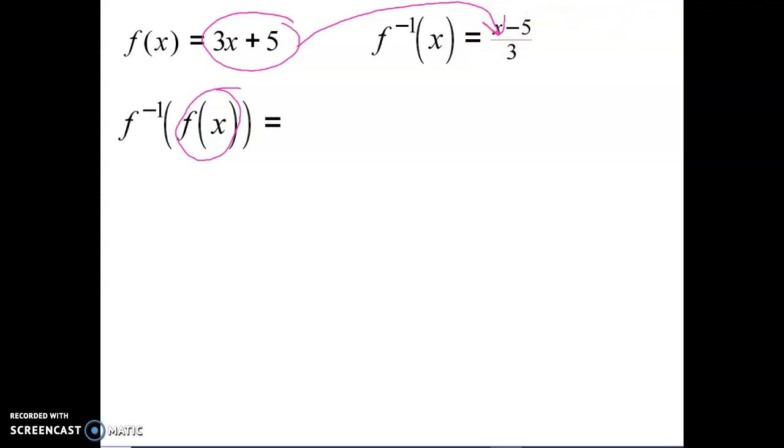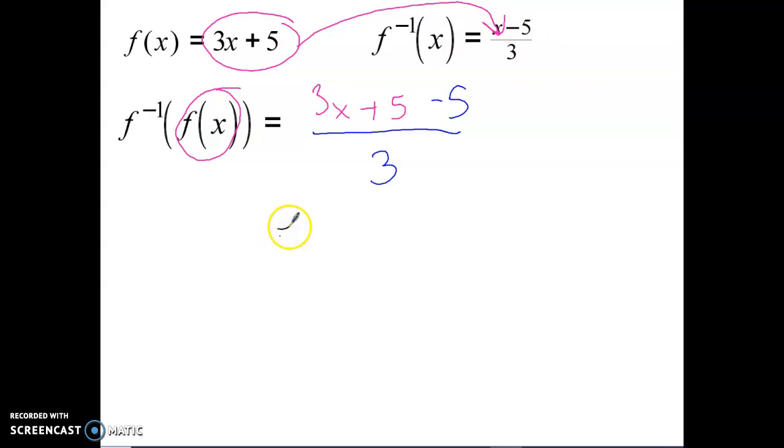So this time, when I get ready to simplify, my minus 5 is not going to change. My divided by 3 is not going to change. What's going to change is that this x that's here in the numerator is going to become 3x plus 5. I'm going to take this whole function and I'm going to replace it with the x that's right here.